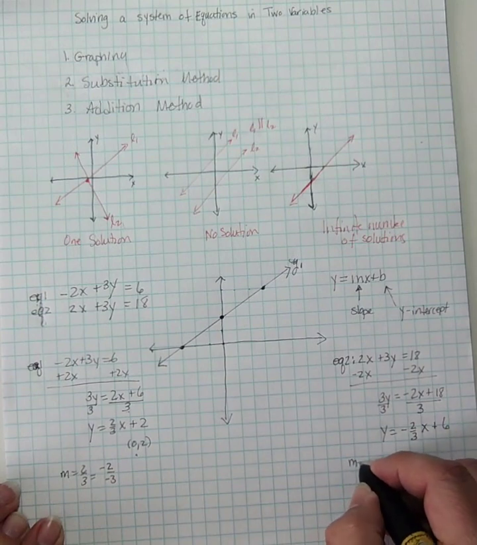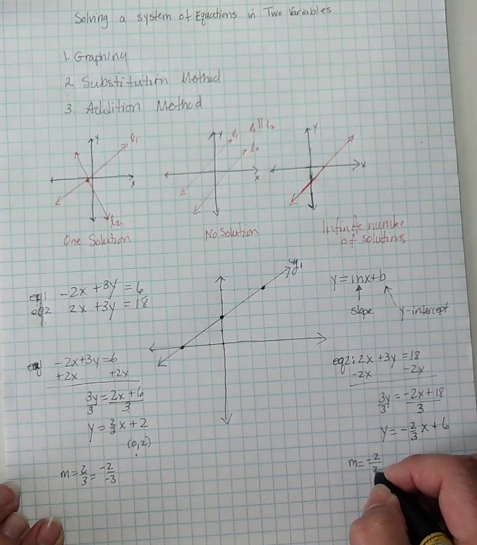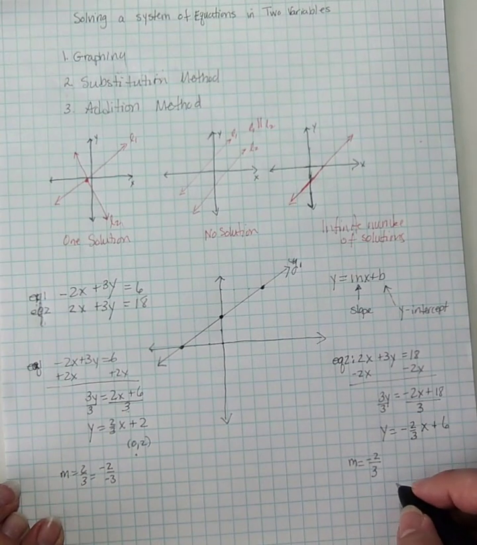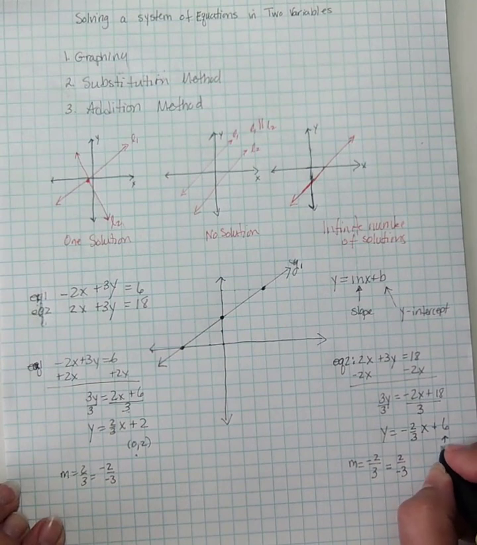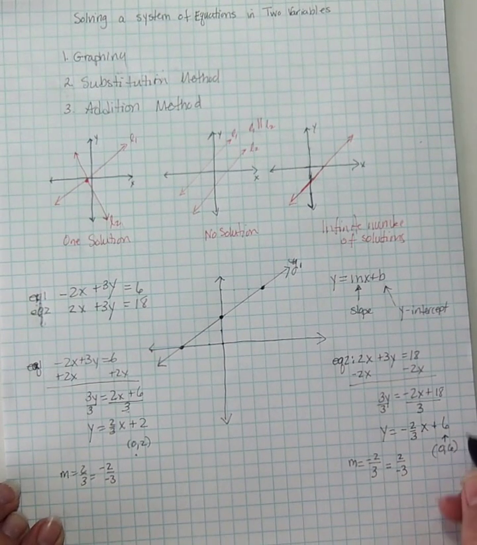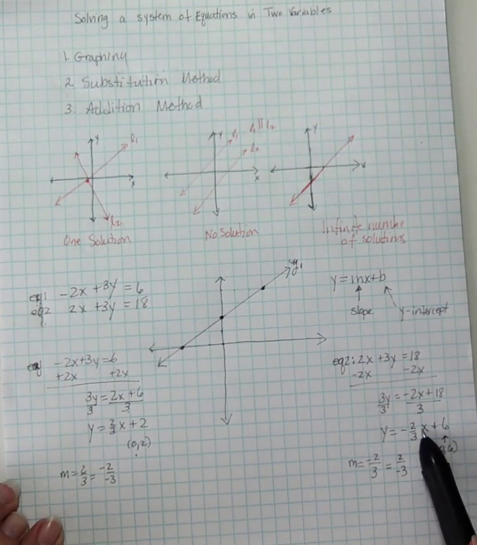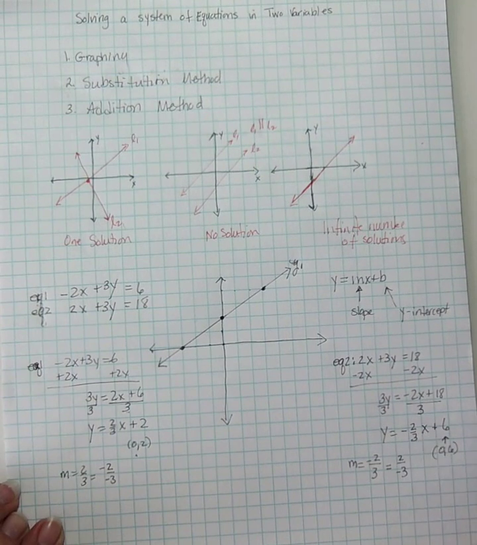That means my slope is a rise of negative 2, going down 2, and positive 3, going over positive 3. Or I could write it as going up 2 and going over negative 3. So I'm going to use this y-intercept once again to find my points. The y-intercept is 0, 6, or you could even see if I put 0 in for x, I'd get y equals 6.